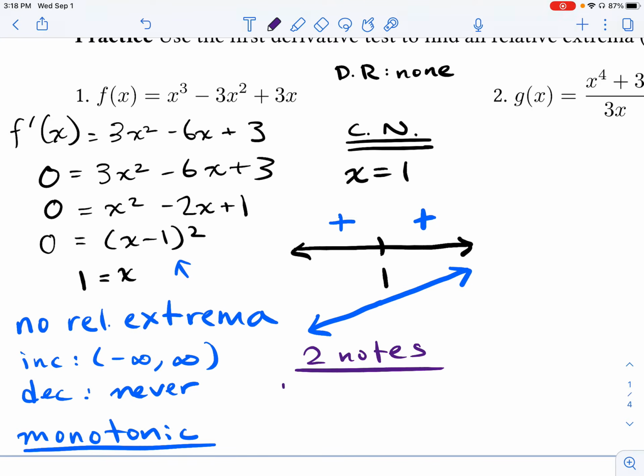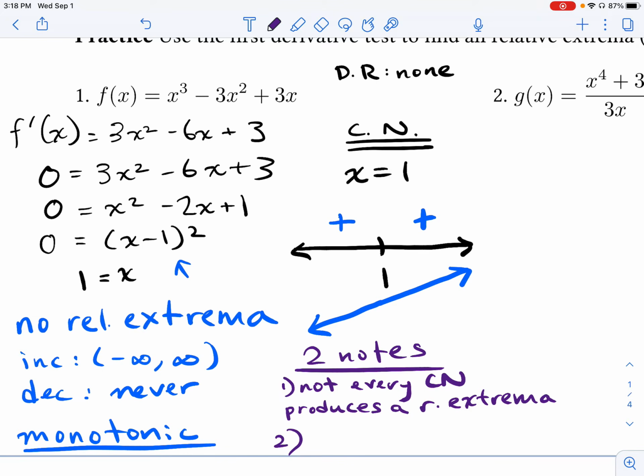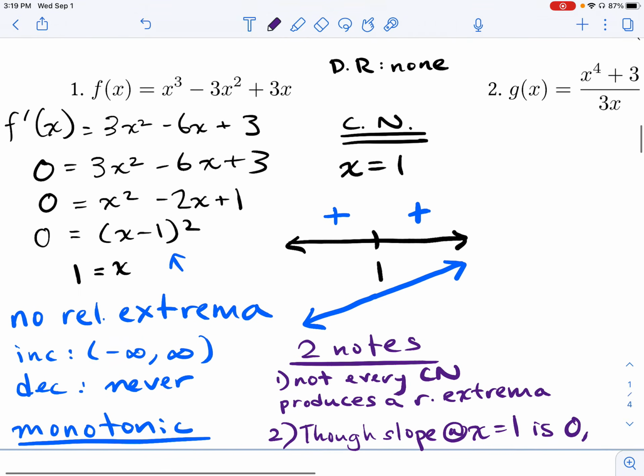First off, not every critical number produces a relative extrema. Okay, so just because you have a critical number does not guarantee that there is a relative extrema there. Secondly, and on that note, even though the slope at x equal to 1 is 0, this function is always increasing.